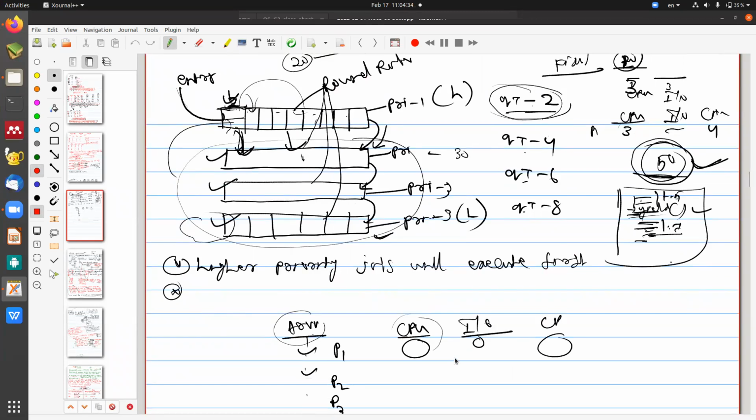The next assignment is related to scheduling, and one small assignment maybe on synchronization implementation, because you are going to implement synchronization through the C programming language in the lab classes, that's why I'm not focusing more on this.